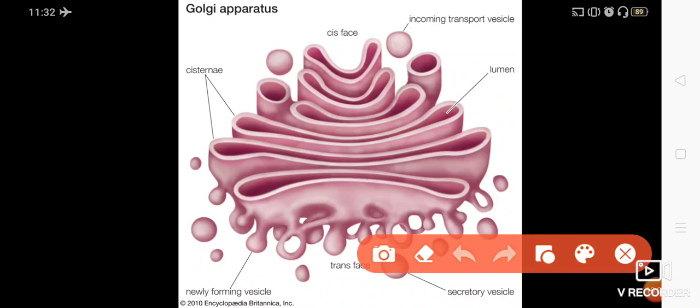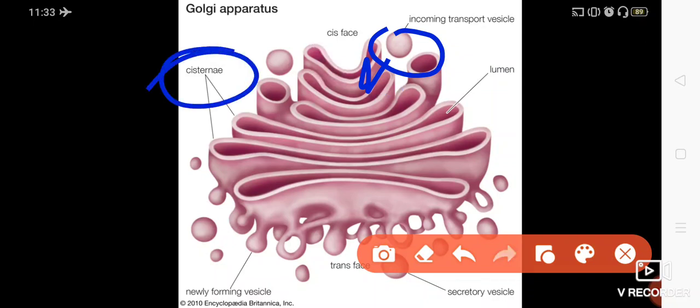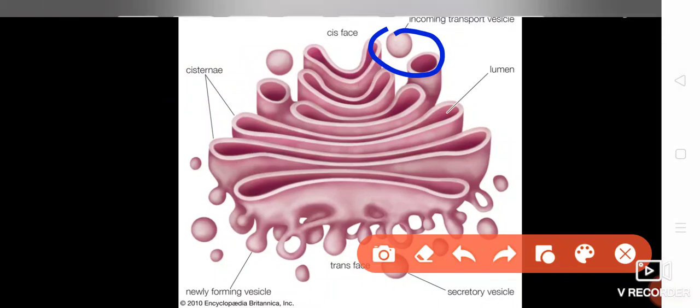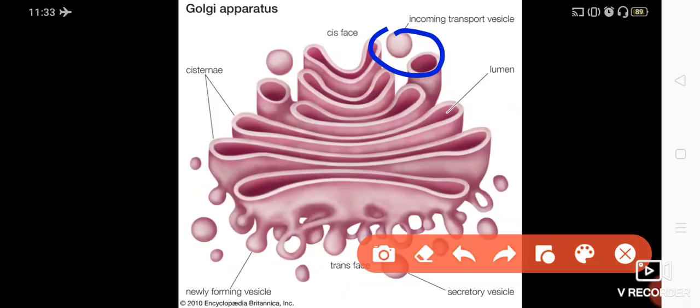The cis phase is always facing towards the endoplasmic reticulum, because it is the forming phase. The vesicles come from the endoplasmic reticulum and merge into this one. So these cisternae are formed by the incoming transport vesicles which are coming from the endoplasmic reticulum.